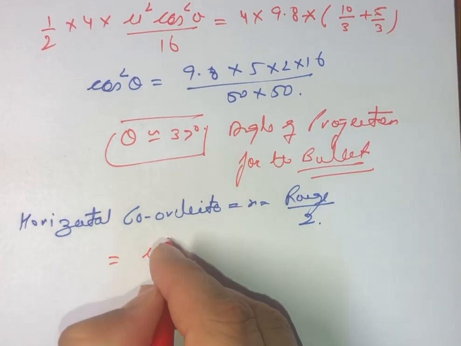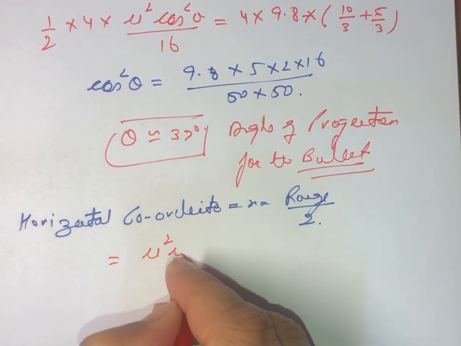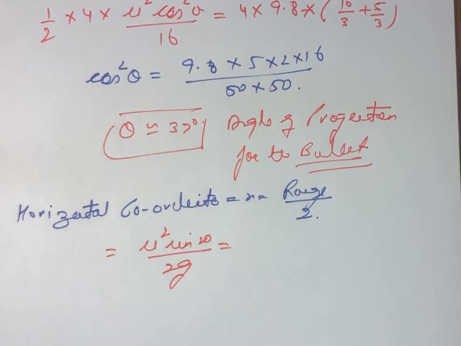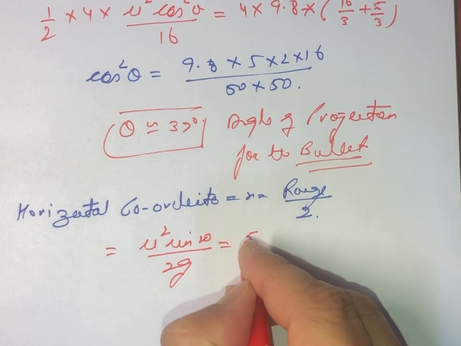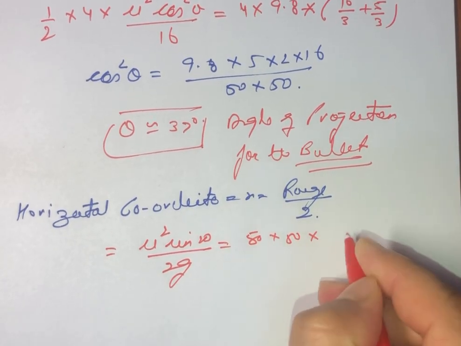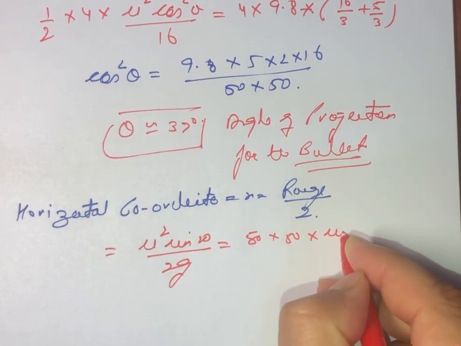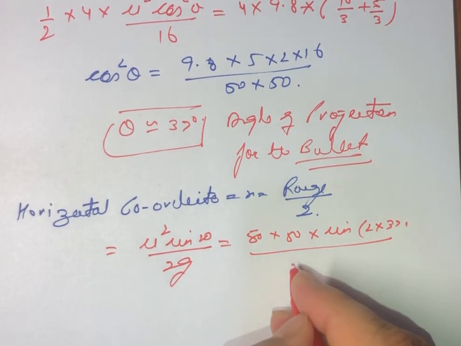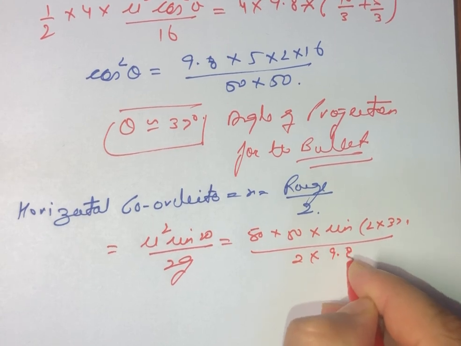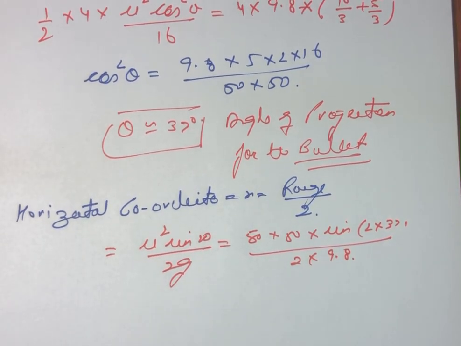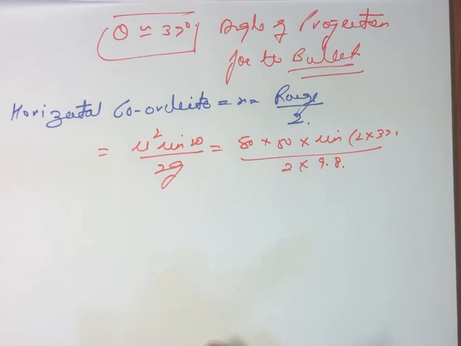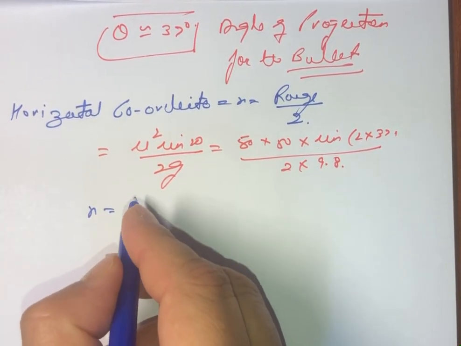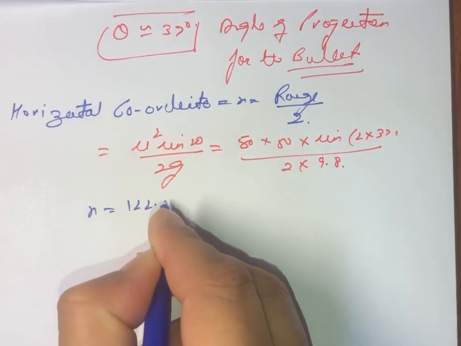We get u square sine 2 theta divided by 2g. We already know the value of u, that is given, 50 into 50 into sine 2 into 37 divided by 2 multiplied by 9.8. So we get the horizontal coordinate x will be equal to 122.6 meters.